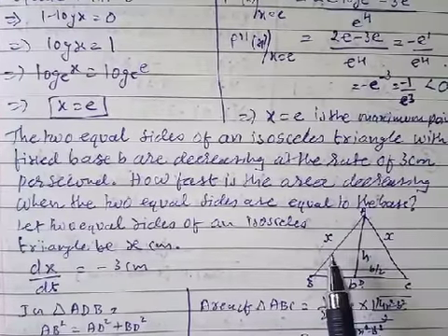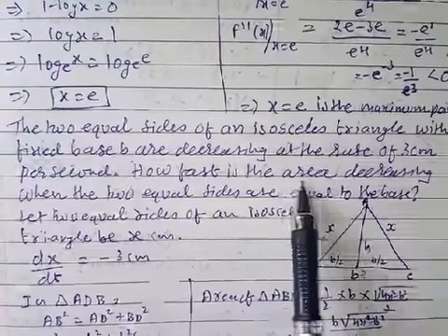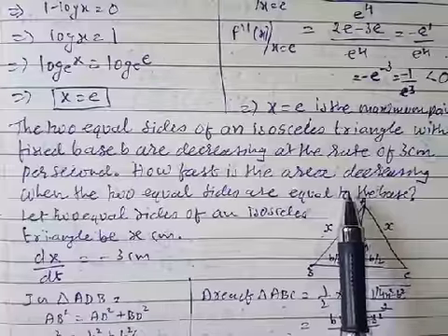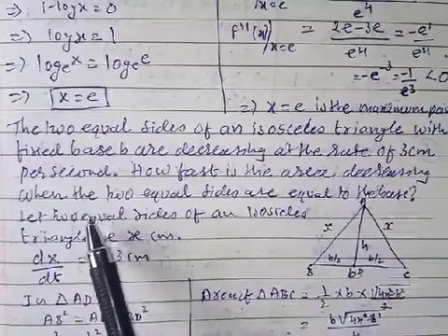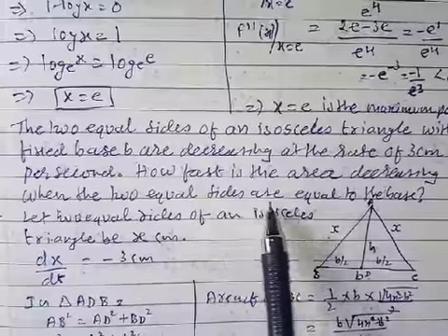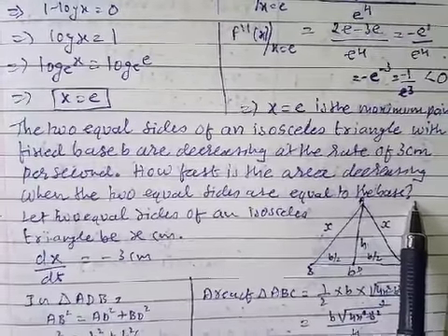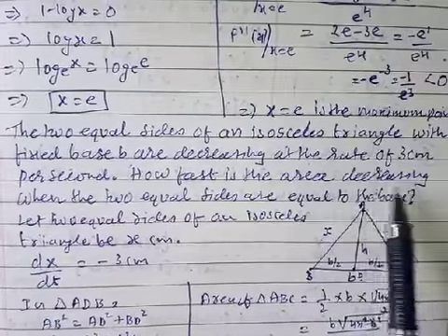So after finding the area of the triangle, we take dA by dt, and we can substitute x as b afterwards, because it is written that when the two equal sides are equal to the base.